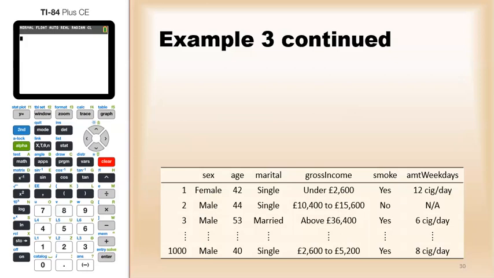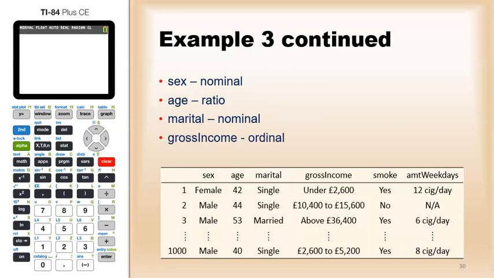Okay. Well, the first one, sex, male, female, that's nominal. Age is collected as 42, 44, 53. Those are in years. This is ratio. Marital status, single, married, again, nominal. Gross income is typically ratio level, but in this case it's under 2,600, 10,400, 15,600, above 36,400.